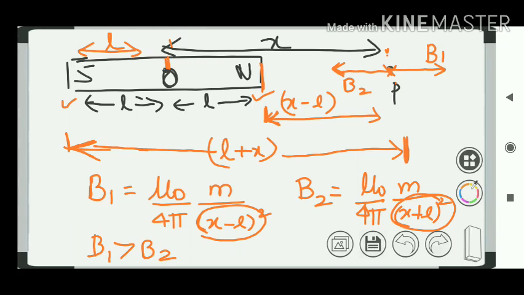So the net magnetic field which is acting on P will be B1 minus B2. It is not B2 minus B1. This much clear? Right. So now what we're going to do is find the net magnetic field, that is B1 minus B2. Substitute the value, guys.